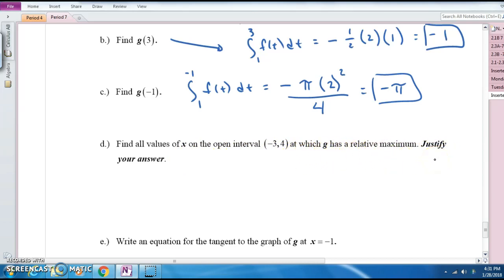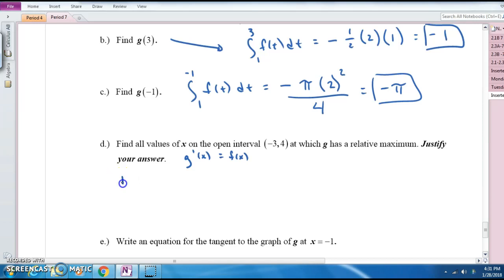Find all values of x at which g has a relative maximum, and justify your answer. Remember, g prime of x is equal to f of x.